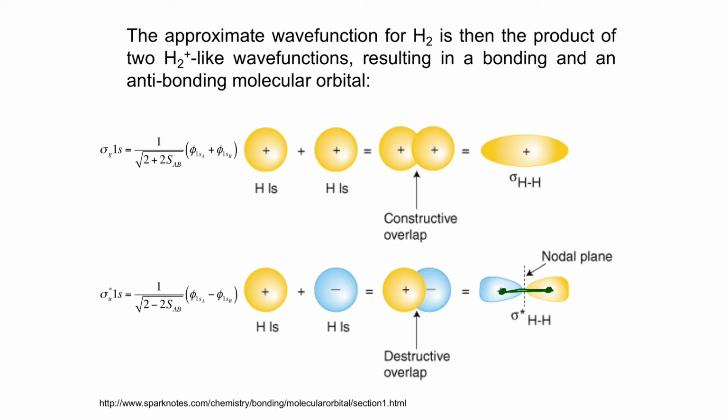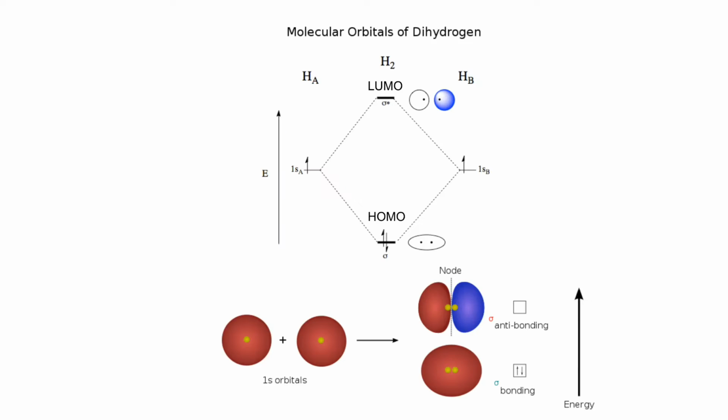If we are perpendicular, as we are in this case with our nodal plane, that is what represents anti-bonding behavior. You can have a node along this axis, but that's not necessarily going to be an anti-bonding molecular orbital, as we'll see in some other examples.